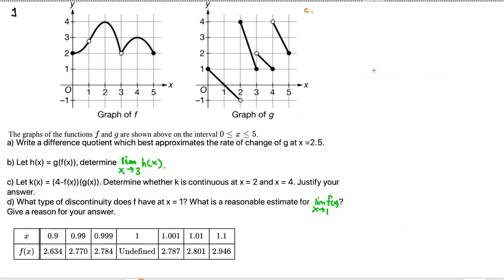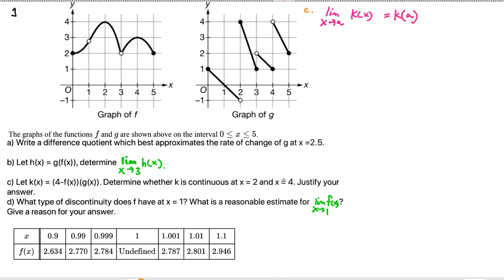It's whether k is continuous at 4, right? We want to remember the definition of continuity: the limit as x goes to a of k of x, the function, is equal to k of a.